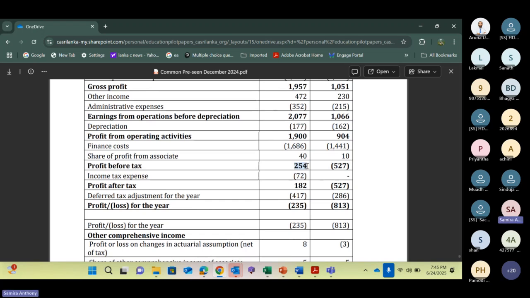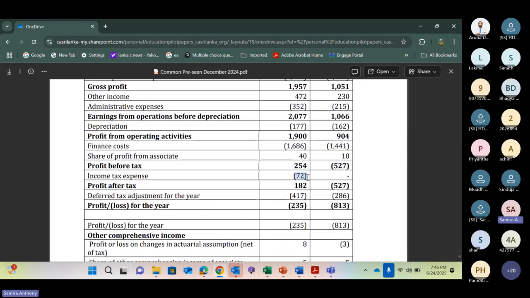That's the way. But if you see here, 254 into 30% is 72, in accounting profit they have directly calculated. Now you have to make an assumption here.